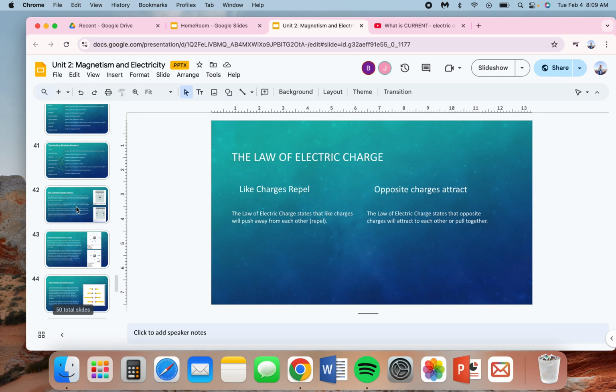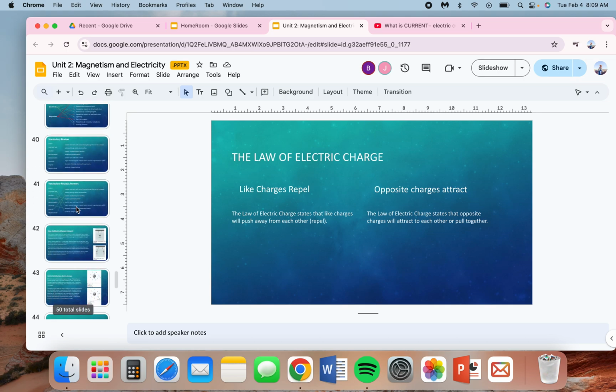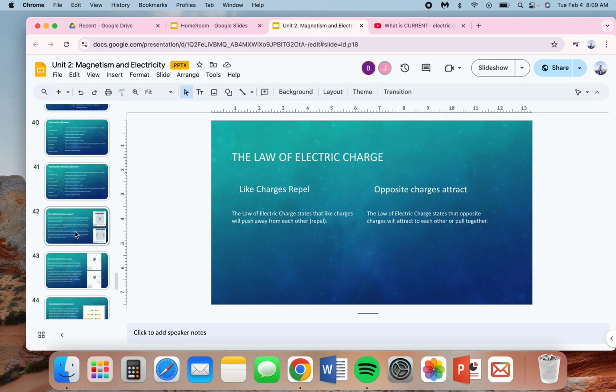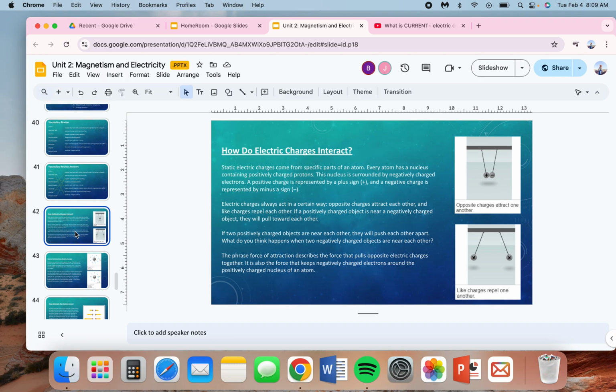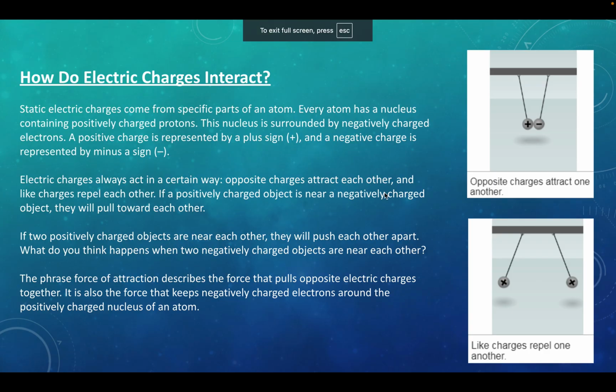So there is a huge similarity going on there between magnets and electricity. If the law of electric charge can apply to magnets, then how different are they? I'm going to give you 30 seconds to read this on your own, and then we will move on.